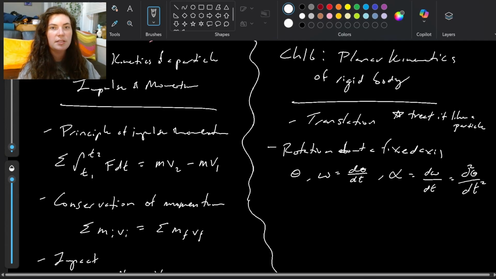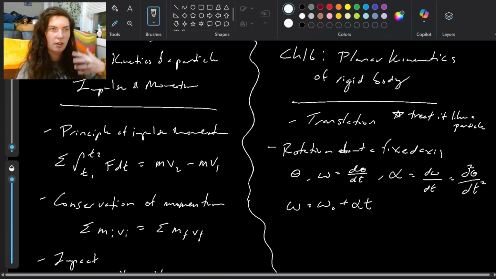We talked about the general kinematics of all of these, using these derivative relationships to get between velocity and acceleration, using the constant acceleration relationships that we sometimes saw, like omega equals omega naught plus alpha t.